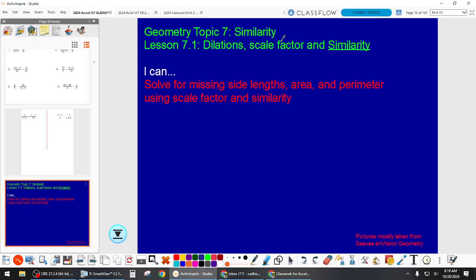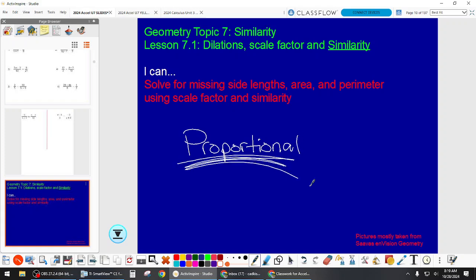So it's good stuff. One word that I want you to lock in right now is proportional, because in math, those two are basically the same thing. So this unit is really all about proportionality and using that to either prove or solve in triangle relationships.